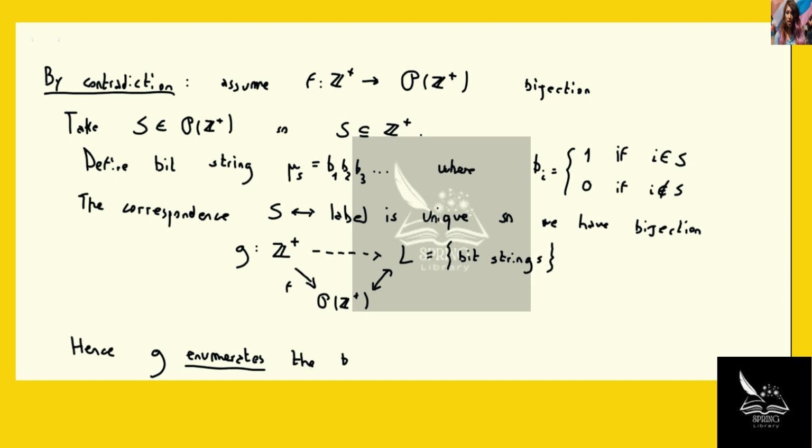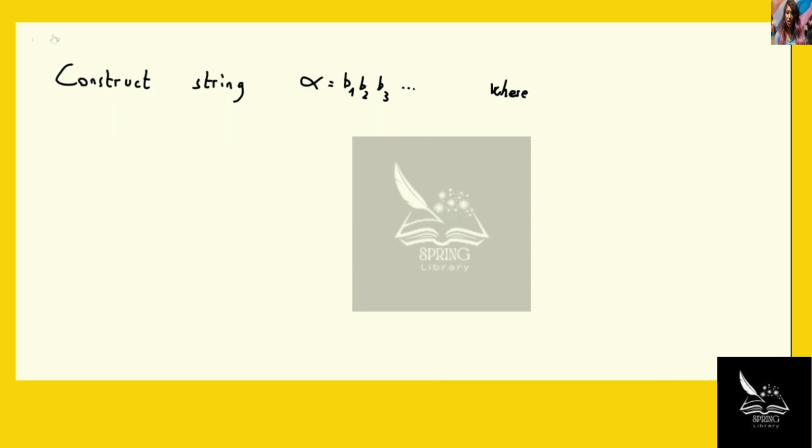So G is an enumeration of the bit strings, where the ith string is just defined as G of i. And I recall that G of i is the label that we're associating to the subset F of i. And since both F and the labeling are bijections, the map G from Z plus to L is a bijection.